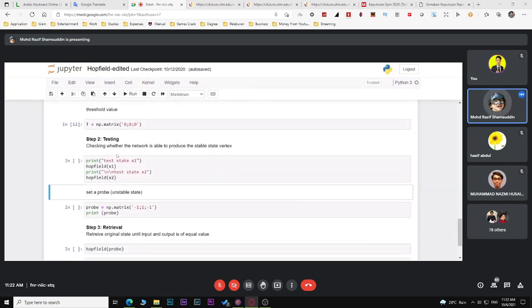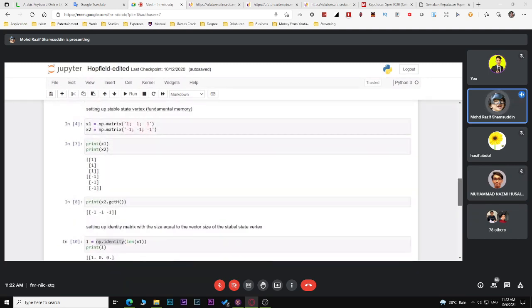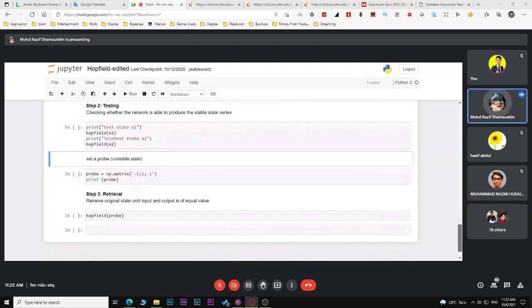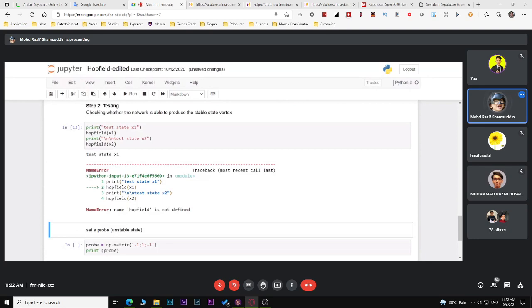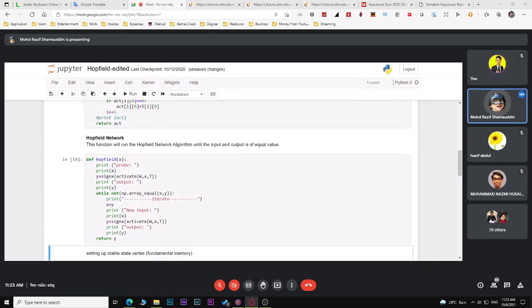Okay, and then kita nak test state X1, masukkan X1 kan. X1 ni kita dah buat kan kat atas ni. Kalau diperasan lah, X1 tu kita dah define kat sini, this one. Stable state kita ada 2, X1 and X2. So step number 2 testing. Oh, saya tak run.